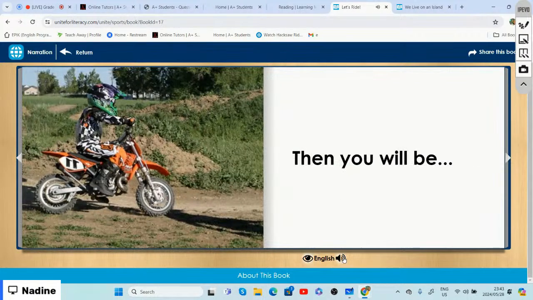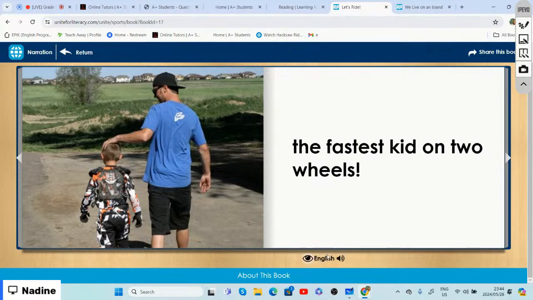Then you will be the fastest kid on two wheels.